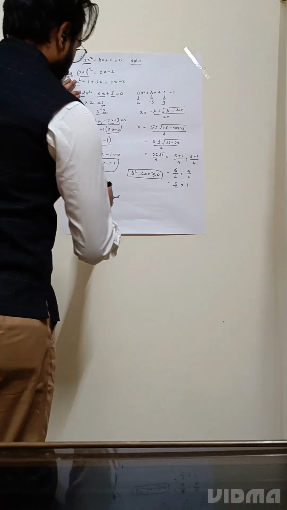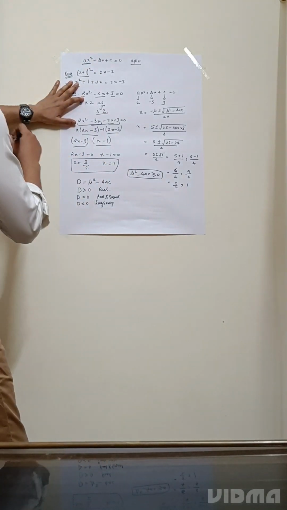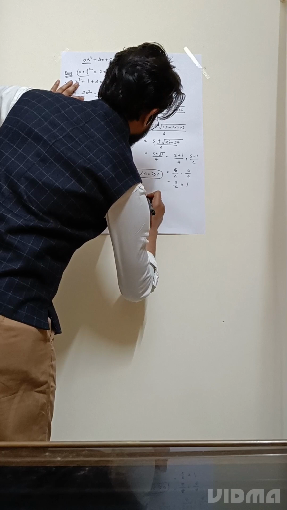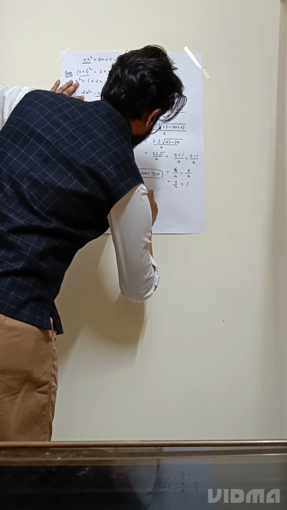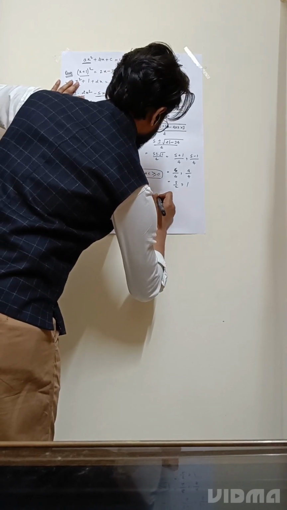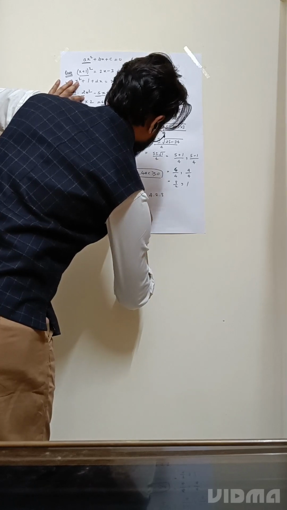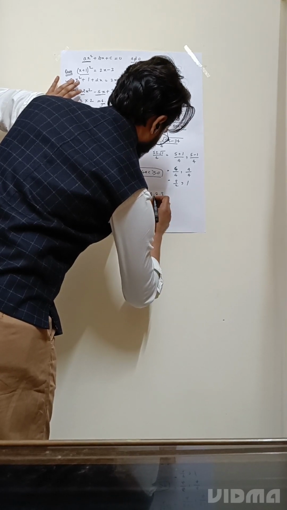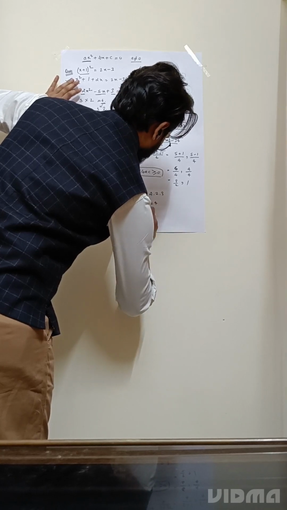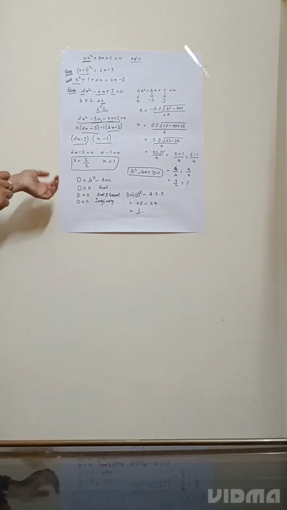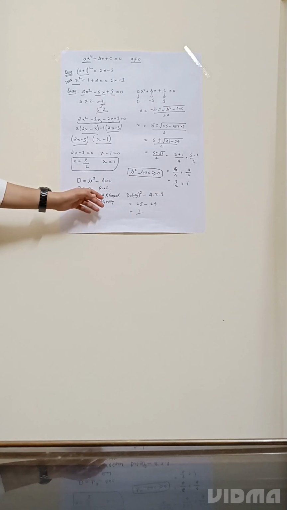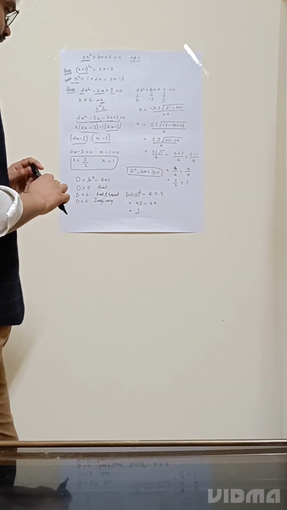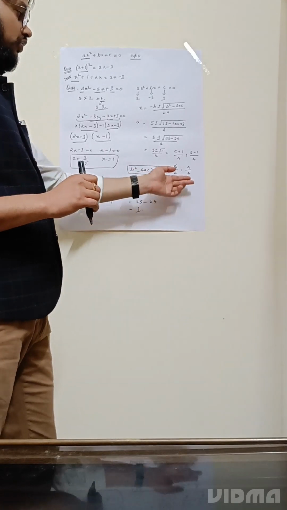In this equation, if we find b square minus 4ac, we get 1. So we can say that the roots of this equation are real, which we found as 3 upon 2 and 1.